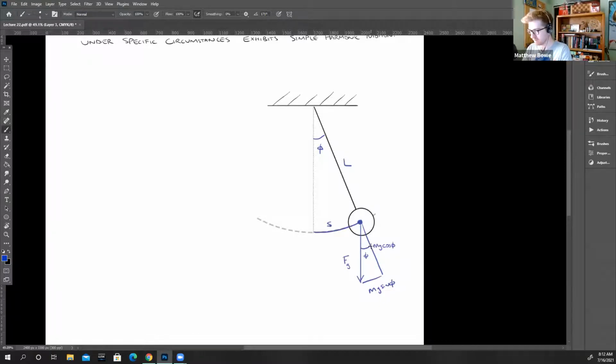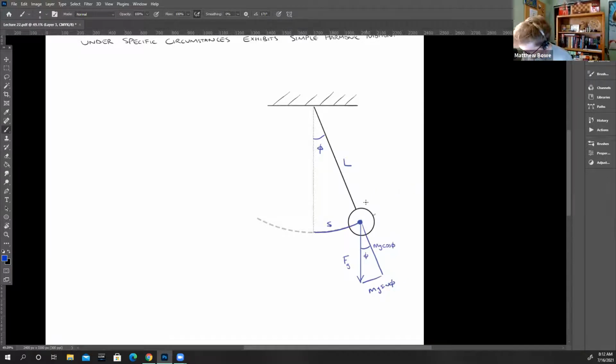Maybe a clock needs to be recalibrated, or maybe I'm making a swing set and I want to figure out some oscillations, like how fast is this, or actually I should say, what does the oscillation depend on?